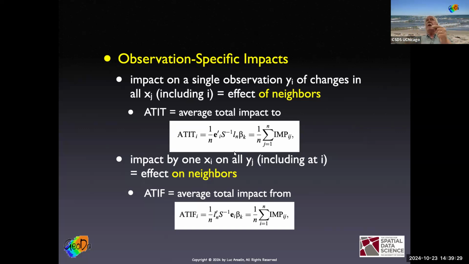So from a policy perspective, at least from my point of view, that's the most important one. If you're going to change something in a neighborhood, what is the overall effect of that change on all the neighborhoods in the system? And the interesting thing, which is masked by these averages, is that it's not the same everywhere. It's actually very different.